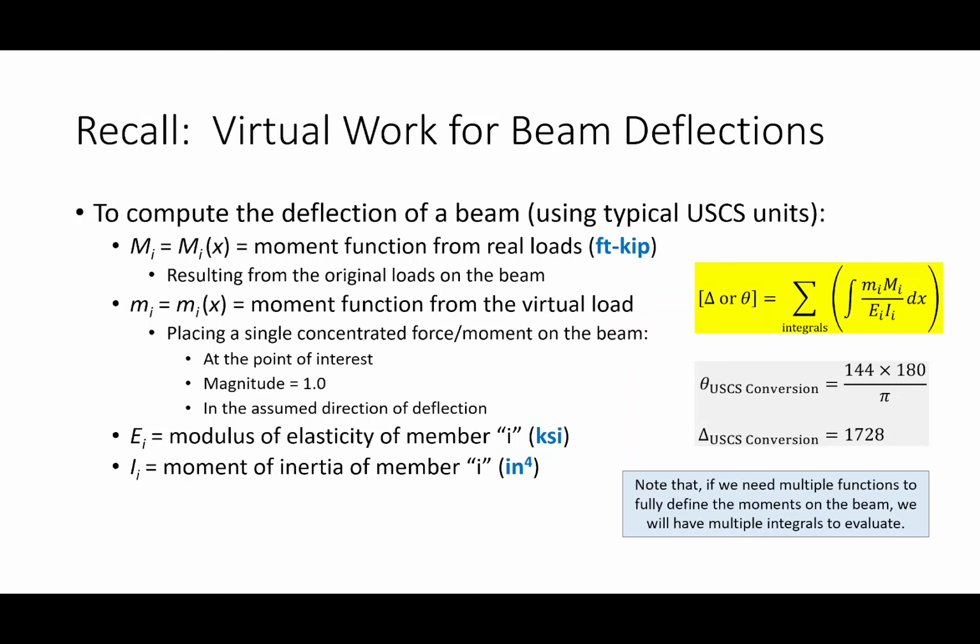What we have in this fraction, E, is a material property, right? E is what you get from a material test. Go do a tension test on a piece of steel. What is I? I is a section property, a characteristic of the shape of the beam.